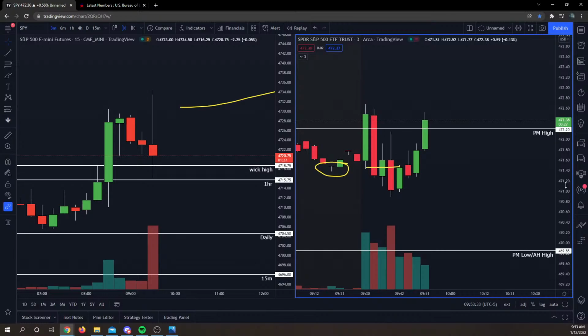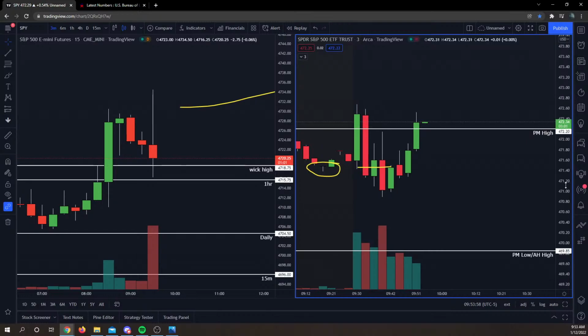But as I was saying about delta, if we do see this move back towards our pre-market low, because we changed our strike on our position, we built our position out a little bit more, we have the ability to make more money faster. That 469 put, when we grabbed at pre-market high levels or high of day levels, that delta on the 470 will probably be the same delta as that 469 was initially, so that 0.5 delta.